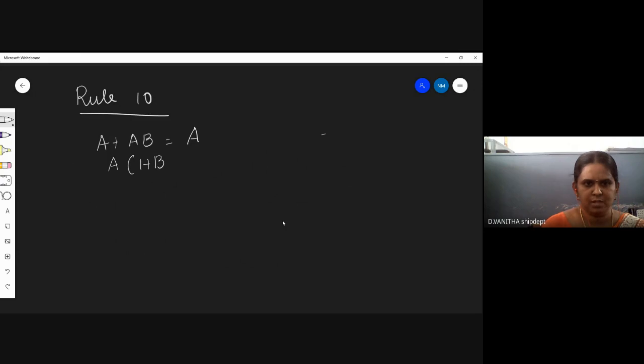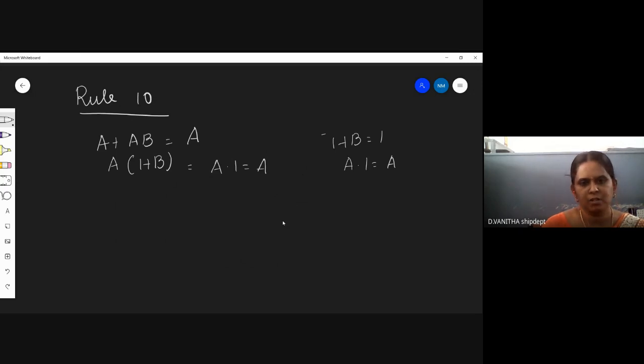So A into 1 plus B; 1 plus B is equal to 1 only, so A into 1. So this is equal to A. We can simplify like this way. Here we are using two rules: 1 plus B is equal to 1 and A into 1 is equal to A. So these two rules are used here.